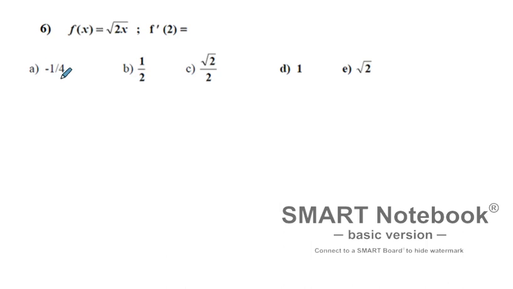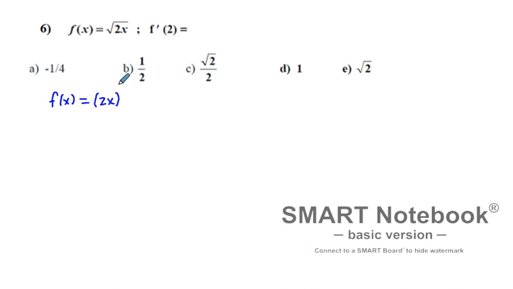Next, 6. f of x equals square root of 2x, and we'll find f prime of 2. So I'm going to take the first derivative of this function and then plug 2 into that first derivative function. First of all, I'm going to rewrite this in calculus-friendly form. Square root is to the 1/2 power.